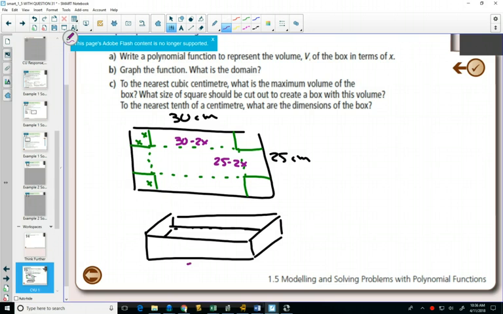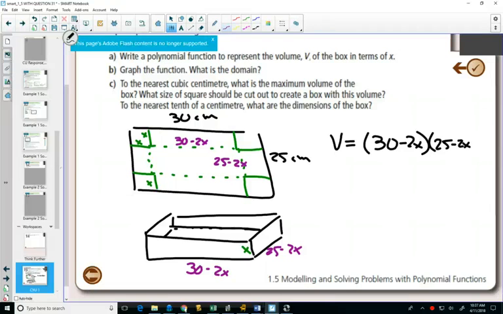I know that this is 30 minus 2x, this is 25 minus 2x, and there's my height of x. So my volume function becomes length times width times height, in no particular order. And we can graph this. So there's part A. We've created our equation.